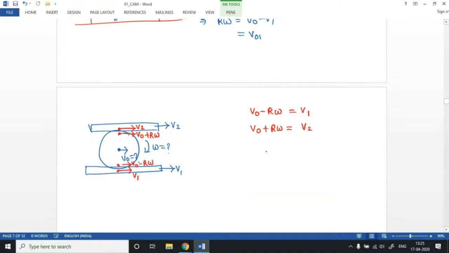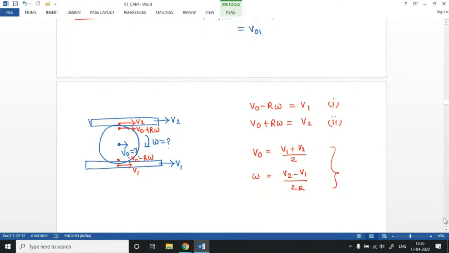So here, by solving equation number 1 and equation number 2, v naught we will be getting, that would be (v1 plus v2) by 2, and omega we will be getting as (v2 minus v1) by 2r over here. So this is looking at the kinematics of the rolling a little bit differently.